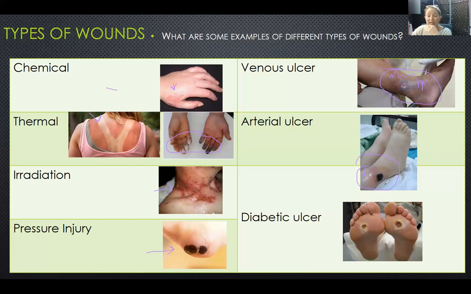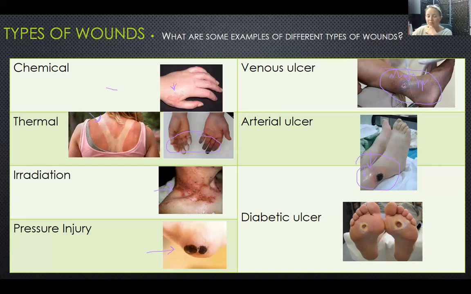We're going to look for signs of poor perfusion here. We've got venous pooling with the venous ulcers, and then with arterial ulcers, you're seeing signs of decreased blood flow getting to the area. So pale skin, decreased or absent pulses, skin's shiny, all those signs that there's not a lot of blood flow getting there. So think of it that way.